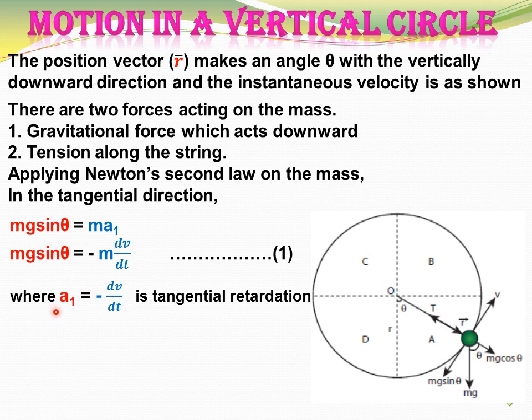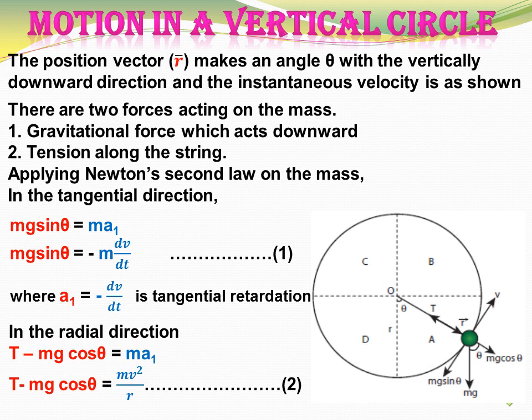So substituting the value of a1 in equation 1, we get mg sin theta equal to minus m dv by dt. See, this is the vertical motion of a body in a vertical circle. In the radial direction, we have T minus mg cos theta.